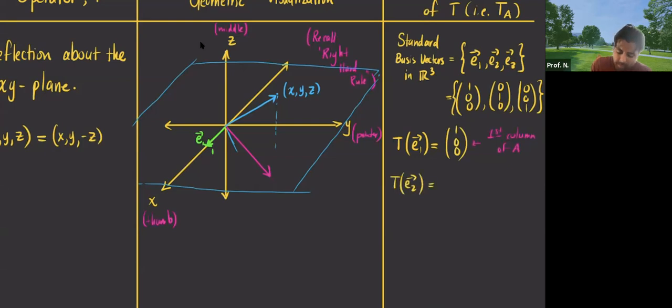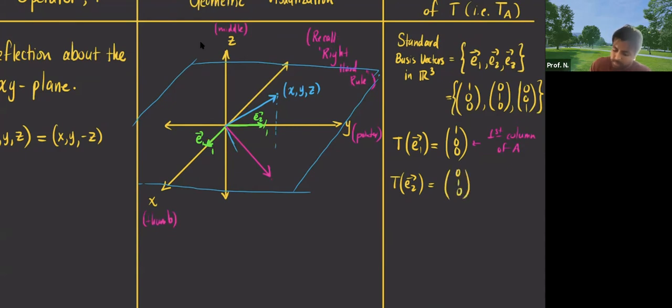And then T of E2. What happens when I bring the second basis vector through the XY plane? You see how both of these are on the XY plane. So when I reflect it through the XY plane, I get the same thing again. Hopefully that makes sense. So this is 0, 1, 0.